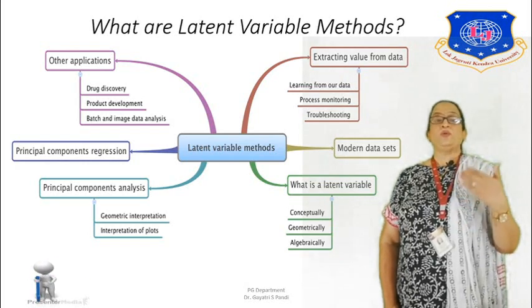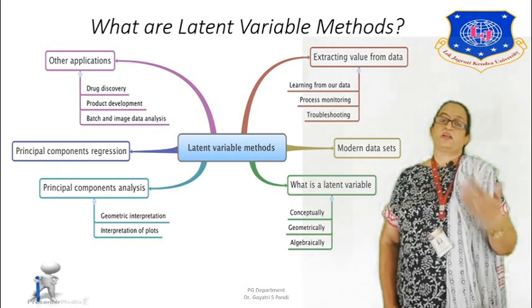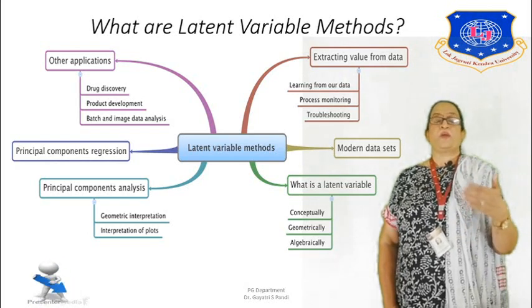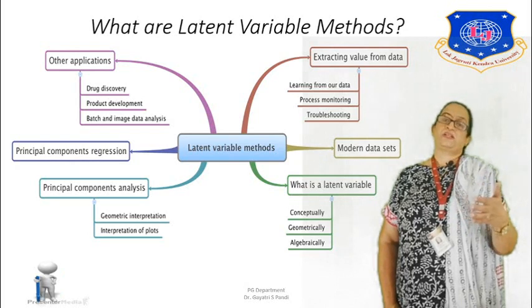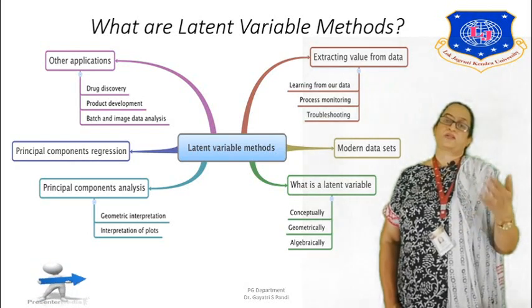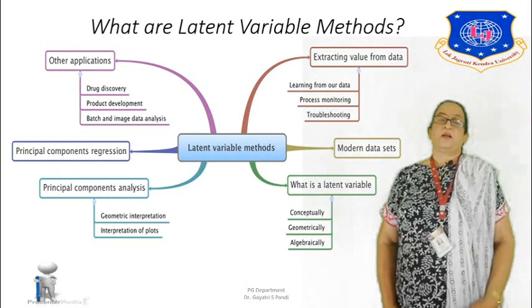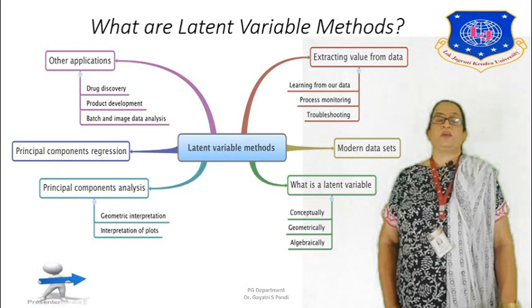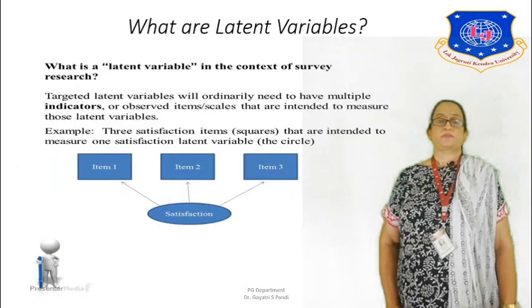It could also be used for principal component regression, where some sort of regressors could be used. And then you have principal component analysis, where the representation used is geometric interpretation, and a lot of plots are interpreted. So these are some of the ways a latent variable method could be used.